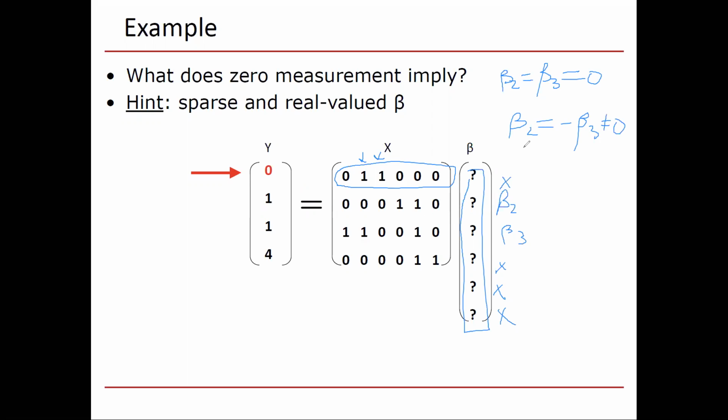Now recall, beta is sparse, so there are a lot of zeros. So this is plausible. I'll put a check mark. Beta is real valued. The non-zero is a real value. Therefore, beta 2 and beta 3 being opposite in sign doesn't make sense. Like 3.725 and minus 3.725. Doesn't make sense. So the real explanation here is that beta 2 and beta 3 are equal to 0.